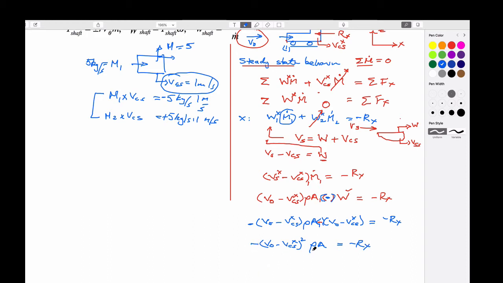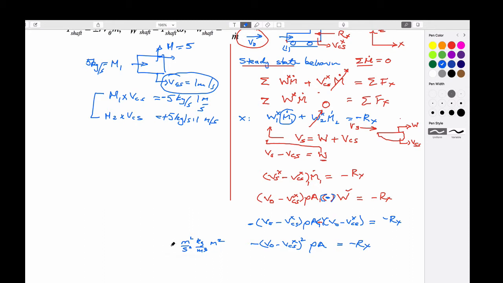So velocity squared, density, area. I guess we could check the dimensions. So we have meters per second all squared. We have density, which is kilograms per meters cubed, and we have meters squared.